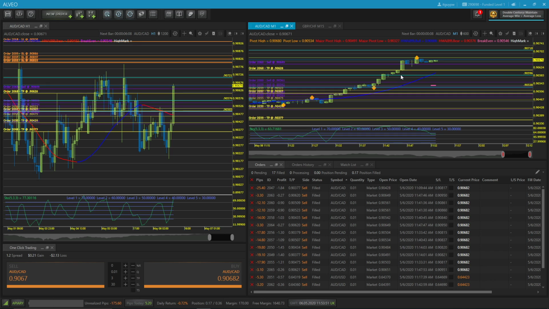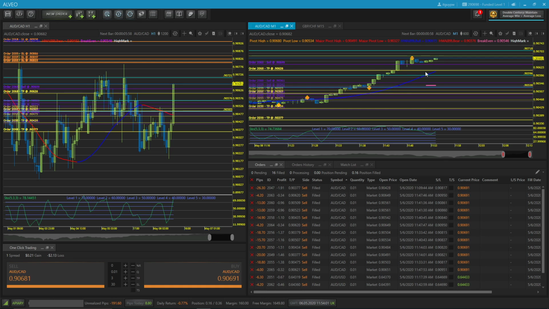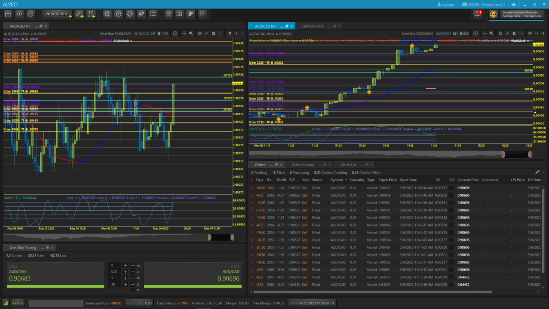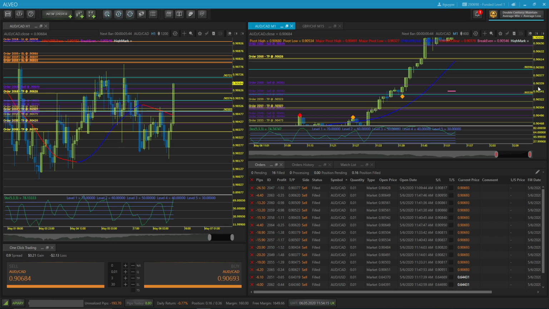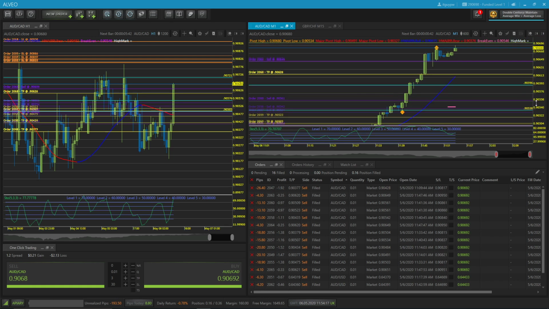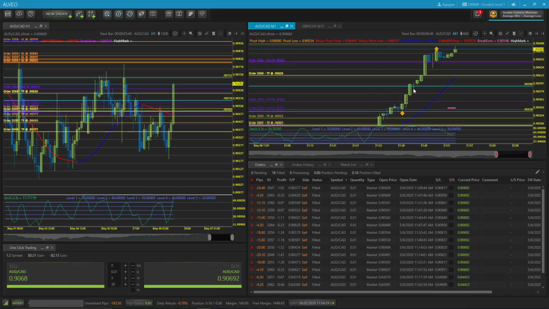The other problem with the market is it had some pretty good run, and then these candles have been very small in comparison. Right, if we zoom our chart out a little bit, big candles, big candles, big candles, big candles, little bitty candles.